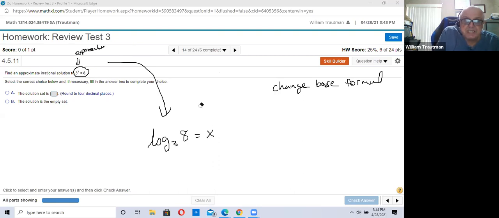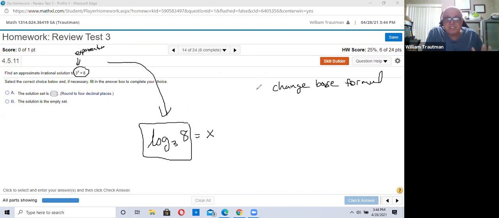So now it's in log form, and X equals this. I can't put that in my calculator, but on the test, this question will look like this. It will be in log form for you already, and they'll say, use the change of base formula to find the answer.